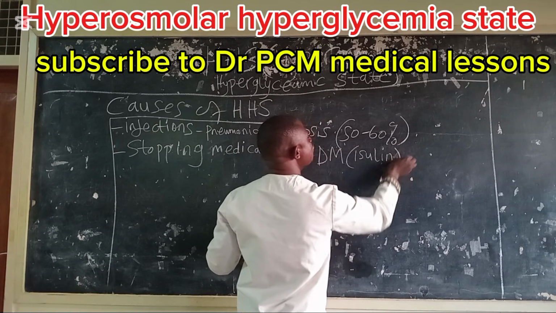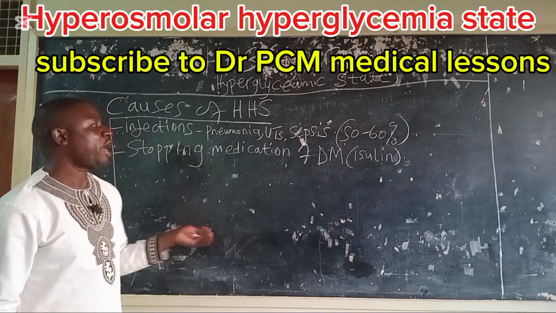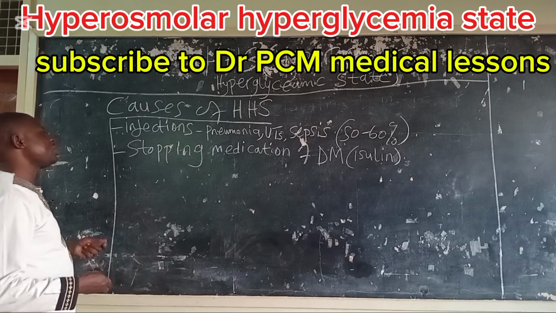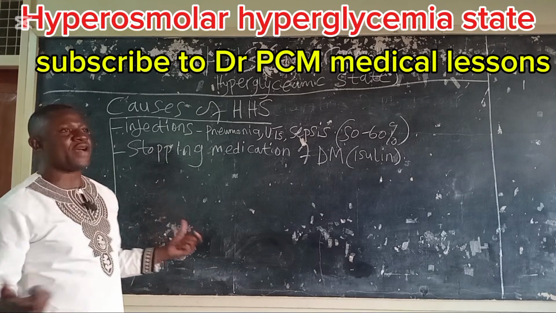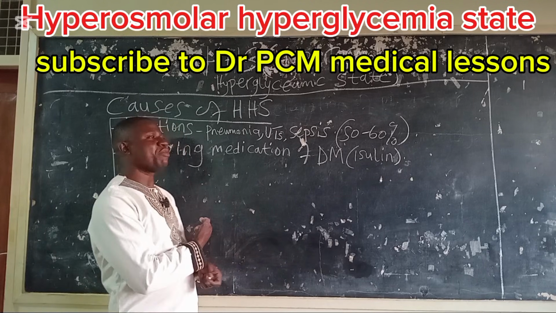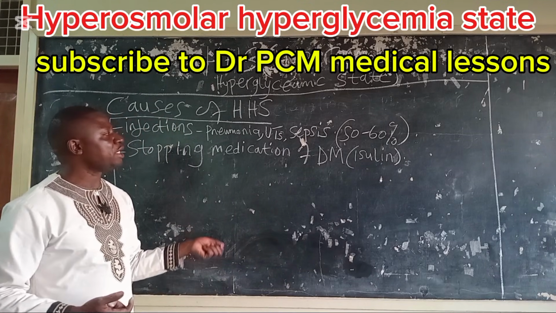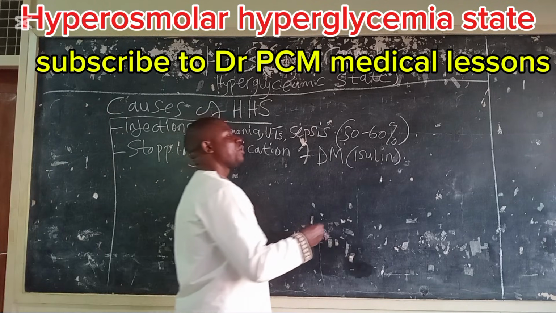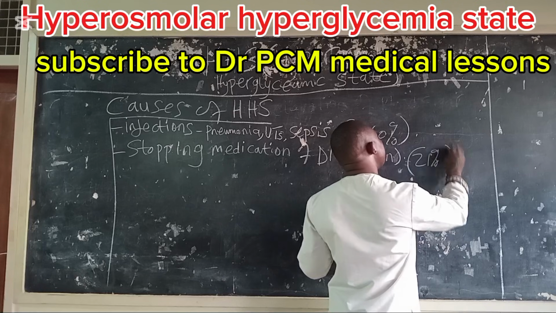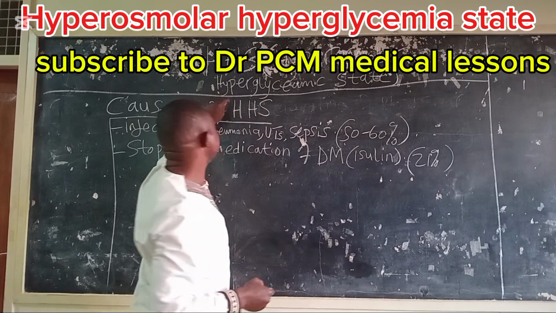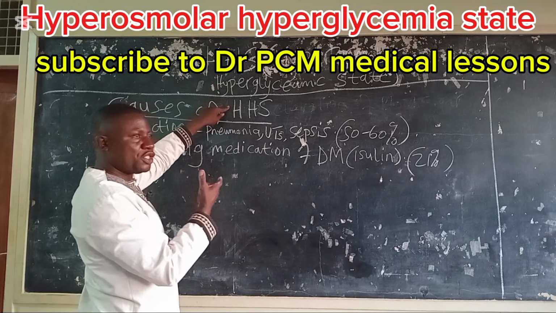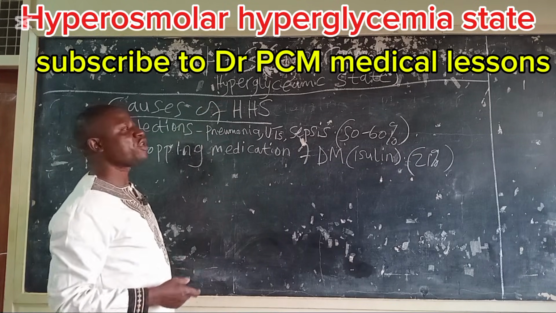You are supposed to use insulin at home, you were given an injectable drug. But instead of taking the injections, because you are feeling fine and don't feel any problem, you stop using the medication. You end up getting such a condition. Actually, about 21% of the people who get HHS get it because of stopping the treatment or even poor treatment.